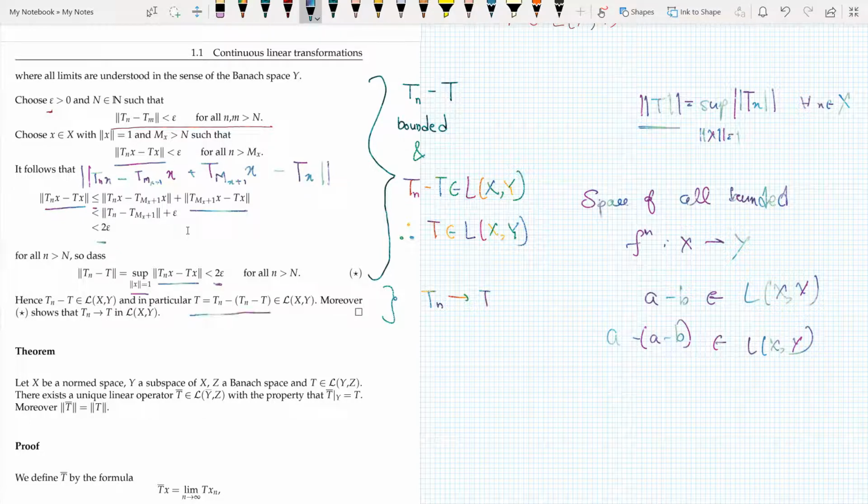So since it satisfies the rules of vector space addition, my T also belongs to Lxy, and moreover from star, we see that Tn tends to T because you give me any value of epsilon, then I can find a value of n such that this difference is less than 2 epsilon.